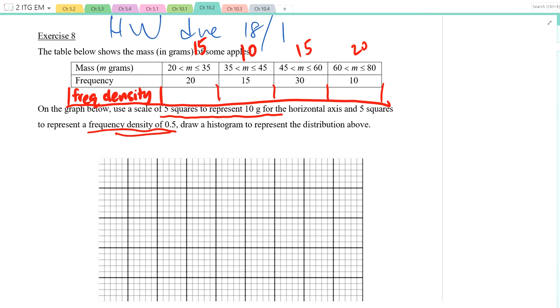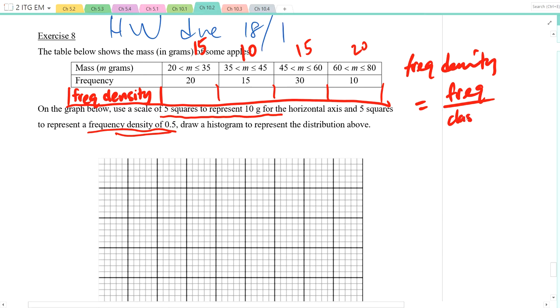What is the first frequency density that we are going to have? It equals frequency divided by class width. Okay, so how much is it? Frequency divided by class width.